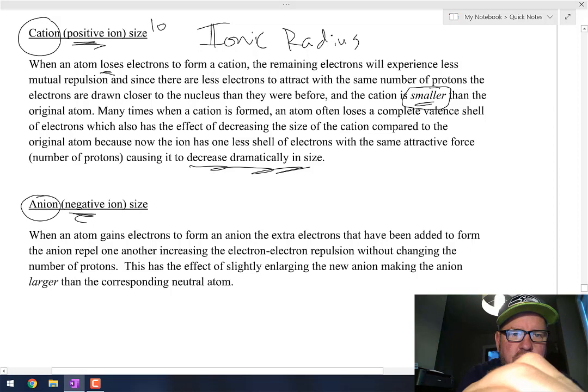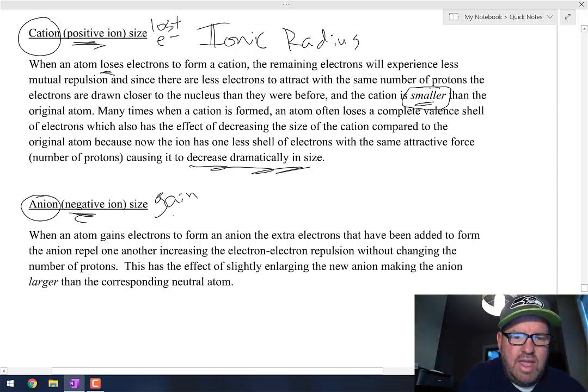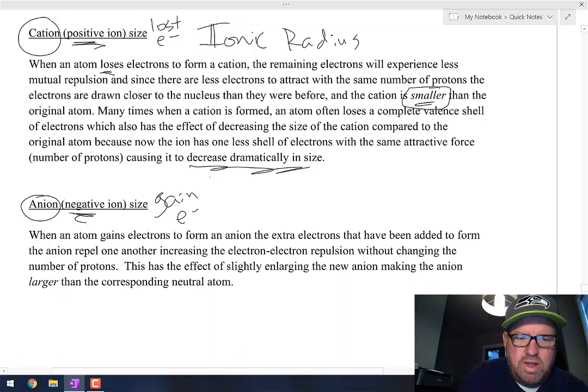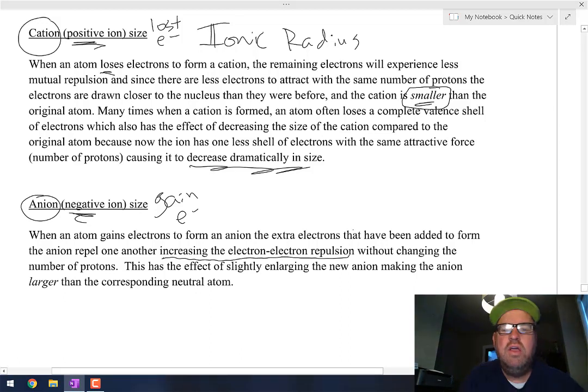So here you've lost electrons. Here you will have gained electrons. Now you've added more electrons to that same area. So by doing so, you're increasing, this is the important part, increasing the repulsion between one electron and another.